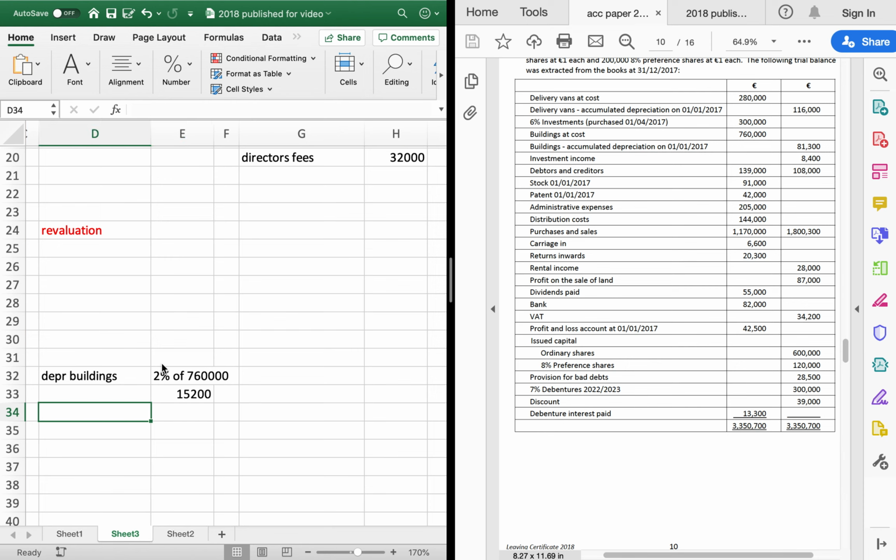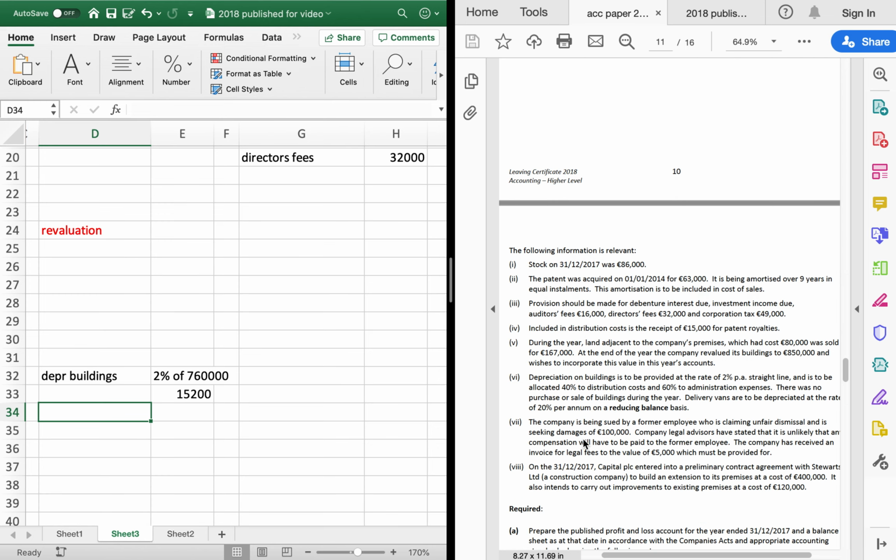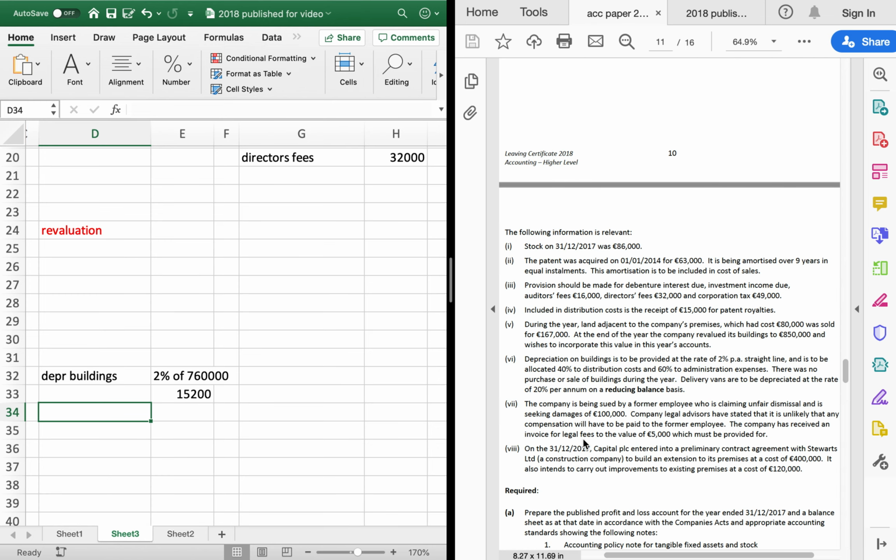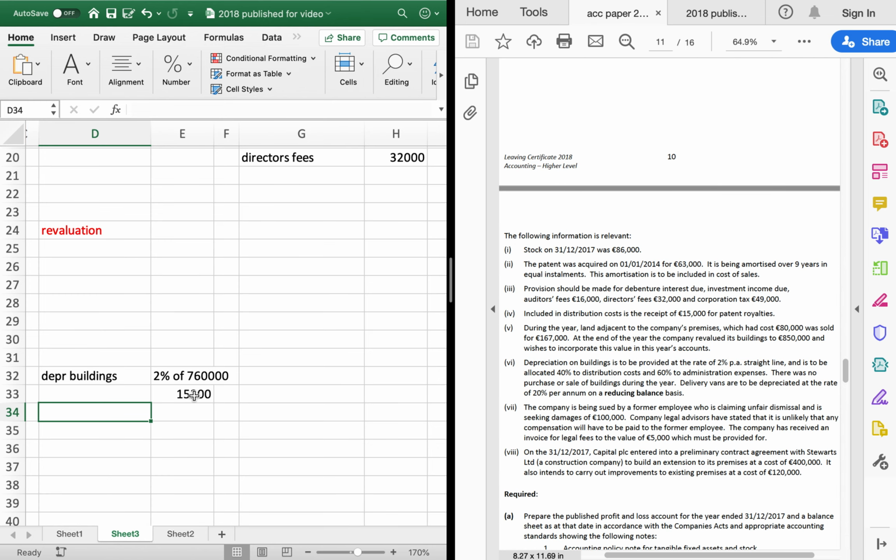So that's what the depreciation of buildings is. And it's telling us that has to get split up 40% distribution and 60% admin. So it's 40% of the 15.2 for distribution, and for the admin it's 60% of the 15.2.